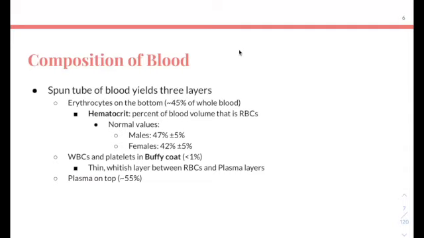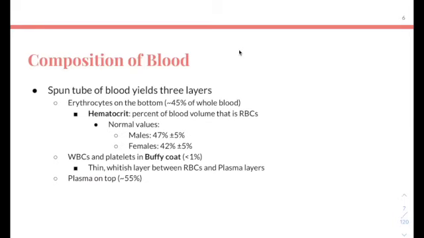When you use that centrifuge, the red blood cells, because they're the heaviest in that tube, sink to the bottom. The plasma has a yellowish hue to it. So about 45% of the blood is those erythrocytes.